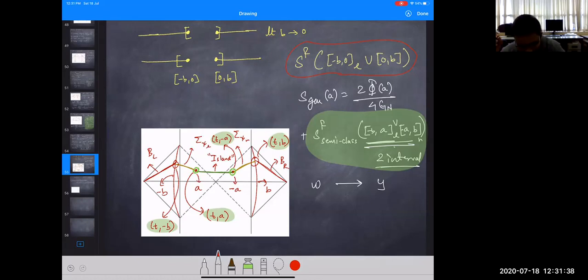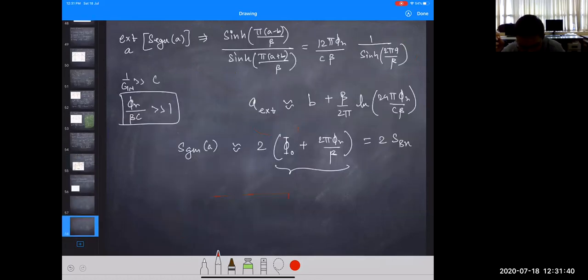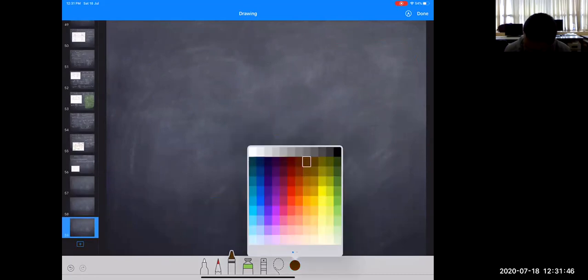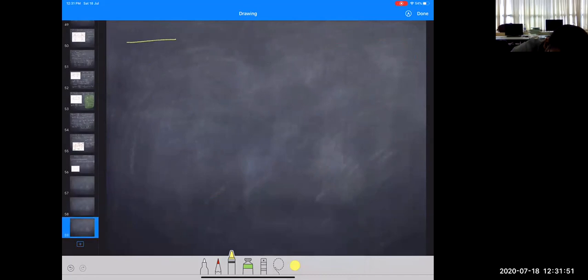But then you have to think about what it really means for the bath. Now let me just quickly sketch what it means for the bath. What was the bath calculation that we did earlier? The bath calculation was this.